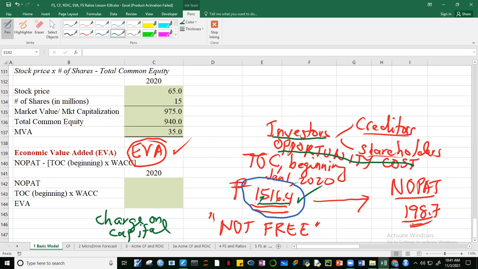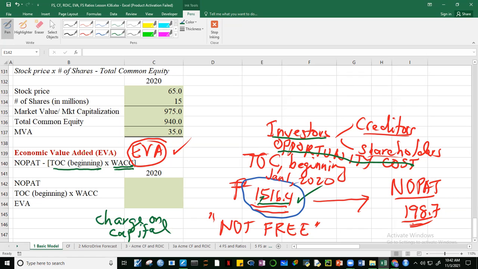So we're going to charge management for using this capital. And what are we going to charge management with? We're going to use the weighted average cost of capital, and that's the logical number to use because that's the average cost of the firm. If you take a look at the formula, guys, it's TOC beginning, and then we're going to charge it just like an interest.